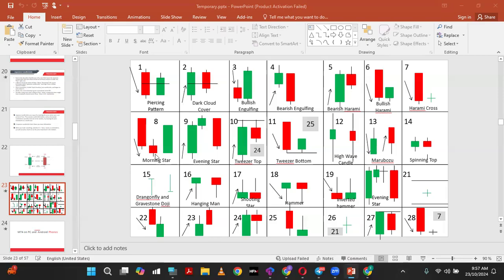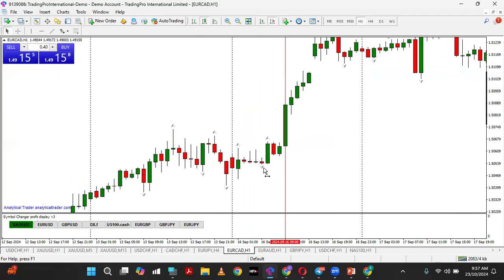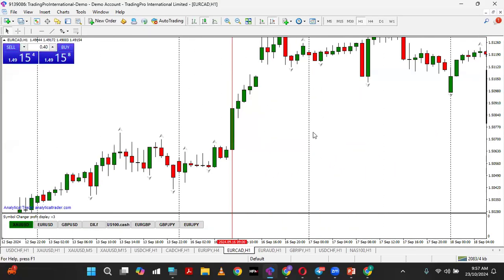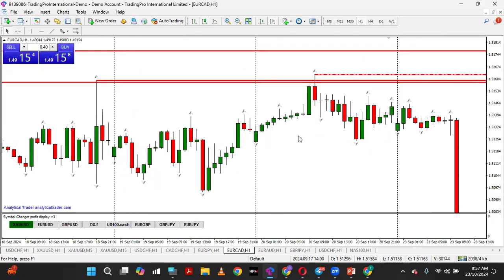So the next one we have is the morning star and the evening star. We're going to find this now on the chart. These are relatively easy to find. When you have a morning star at the top of a range, it means that most often than not, price is going to move in the opposite direction.